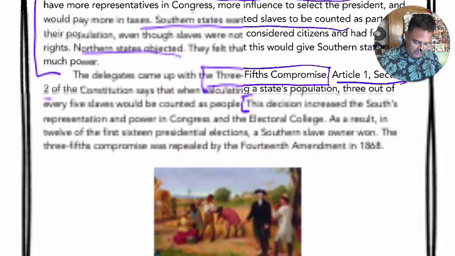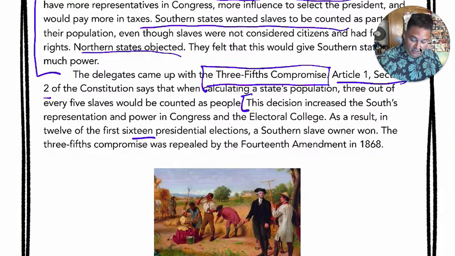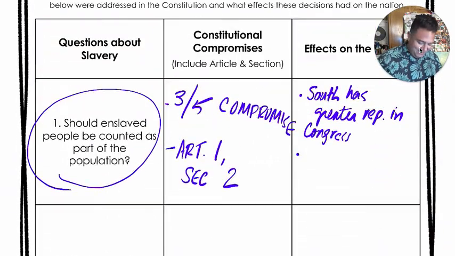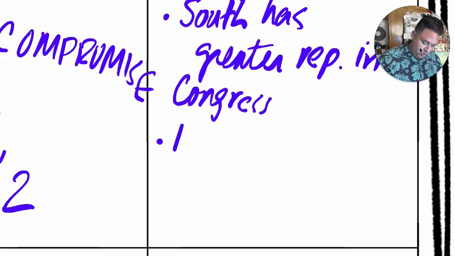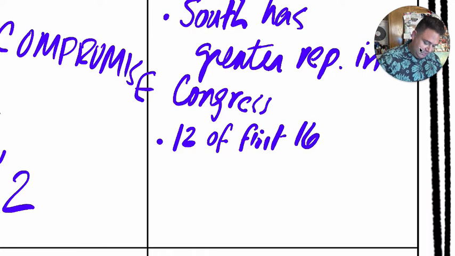What else? 12 of the first 16 presidents, in 12 of the first 16 elections, a Southern slave owner won.